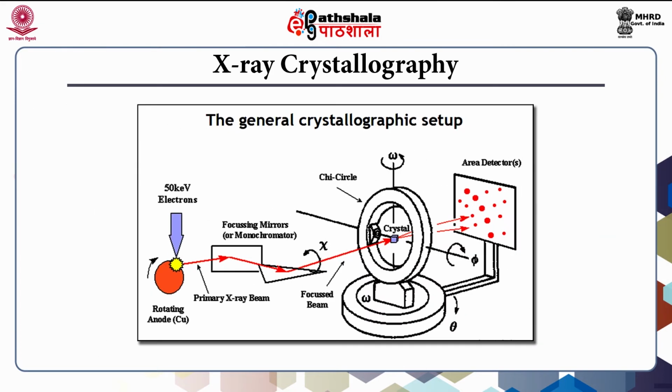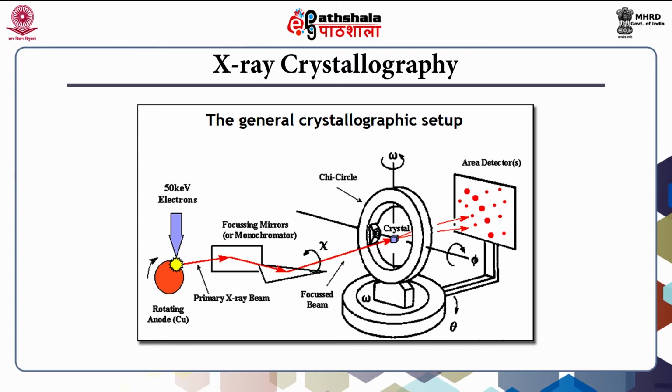In this slide we can see the general setup of X-ray crystallography. When you go from the extreme left side, you can see 50 kilovolt electrons coming and hitting a rotating anode made of copper.